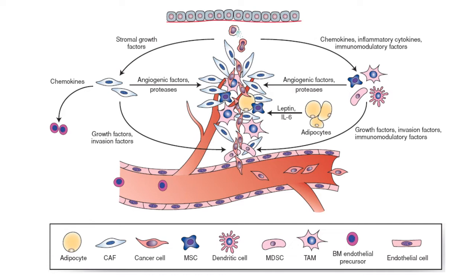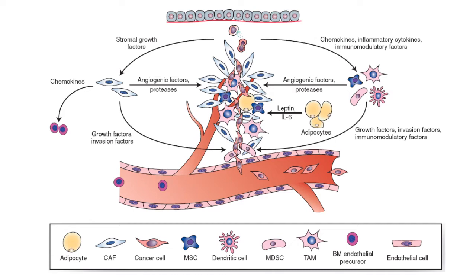Also, these cancer-associated fibroblasts recruit cells from the bone marrow, and these recruited cells are precursors for the endothelium formation. The cancer-associated fibroblasts are also responsible for the release of growth factor and various invasion factors.